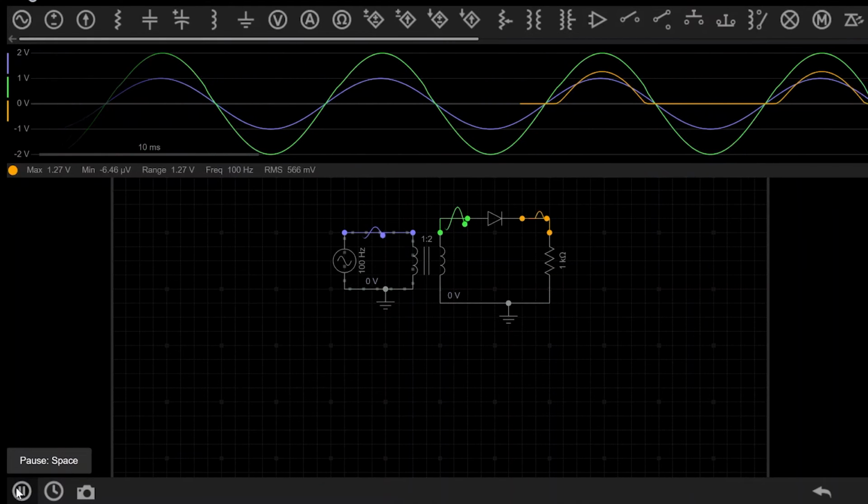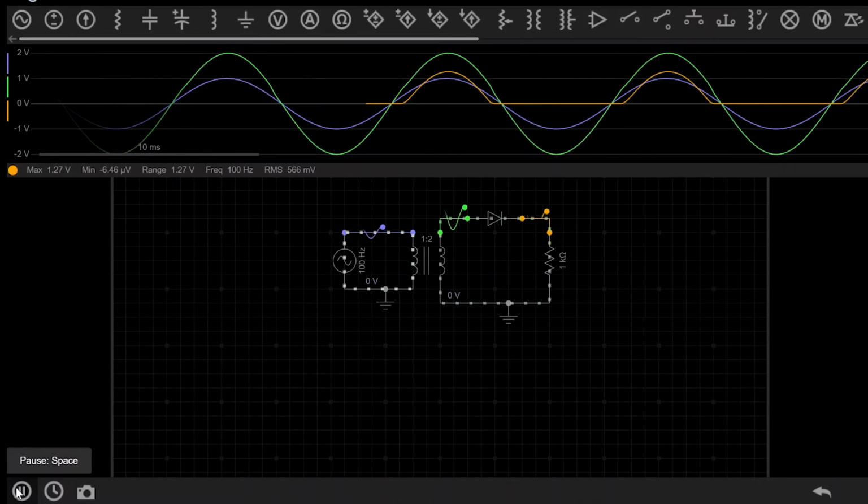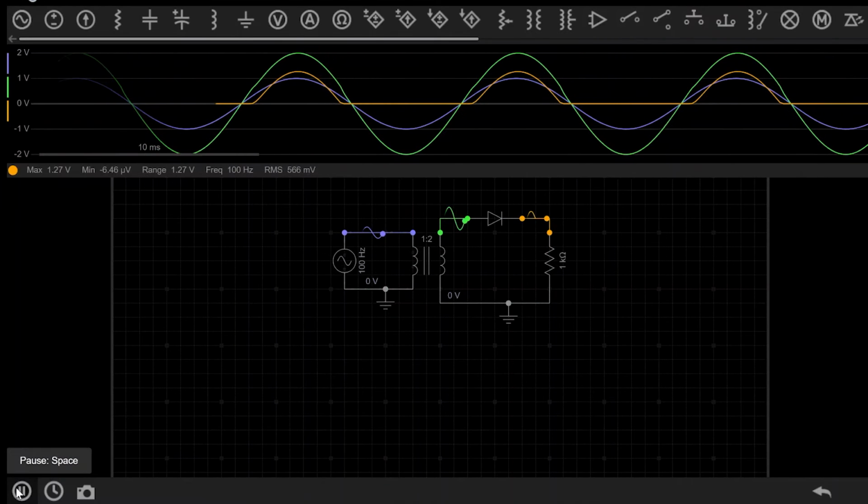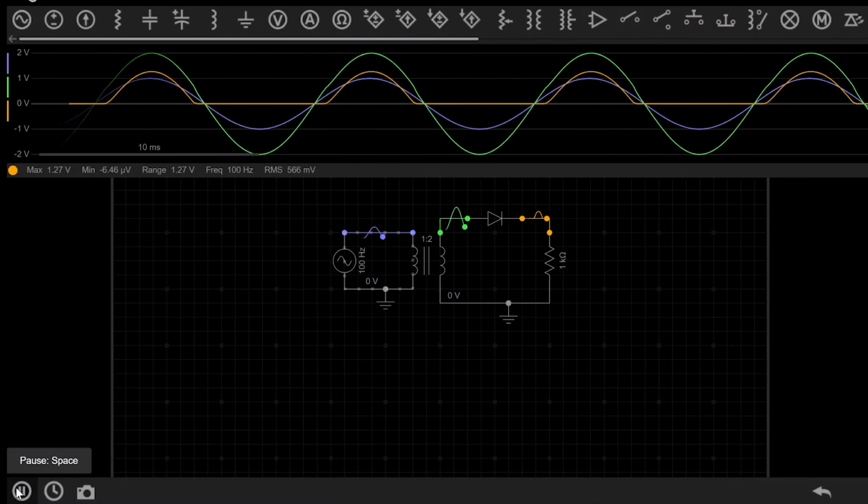As you can see here, only during the positive half of the AC input cycle we are getting the output.